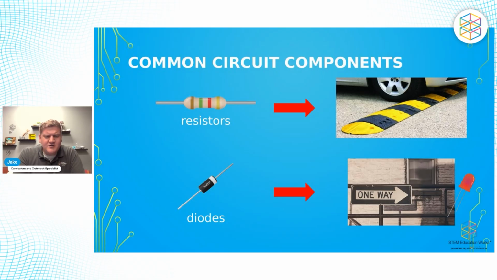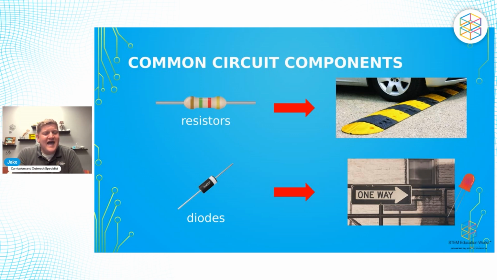You could think of resistors as being like the speed bumps in your circuit. After all, they're called resistors, so they resist electric flow, and they're going to force those electrons to slow down and move through your wiring and circuit components at a lower pace.